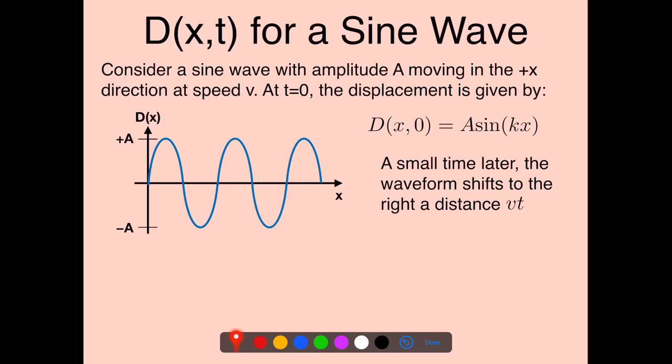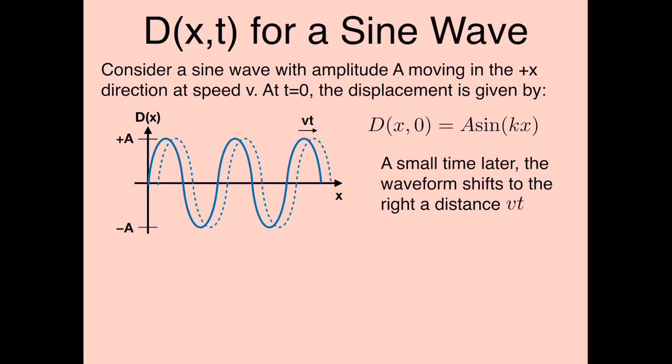And the distance you move is equal to the speed, which is v, times the time, which is t. So this is the distance that our waveform is going to shift over to the right by, v times t. So we can show that on the graph. This is the new snapshot of the wave, the one shown in a dashed line, a small time later. And again, it's moved to the right a distance v times t.